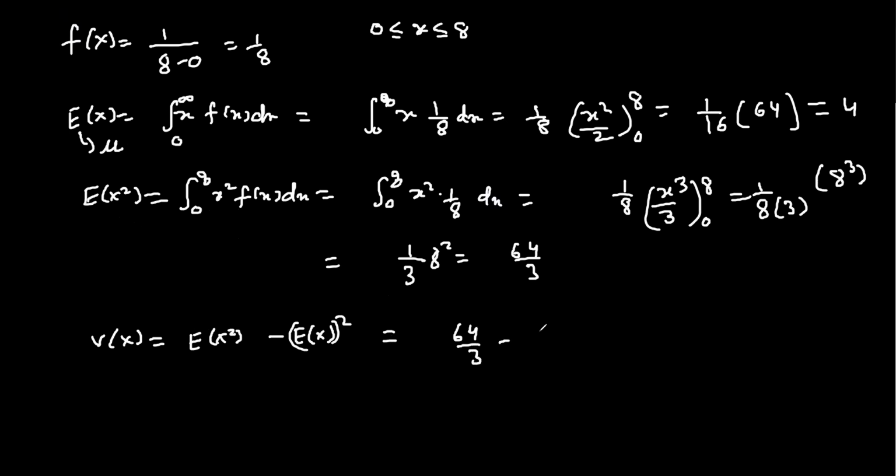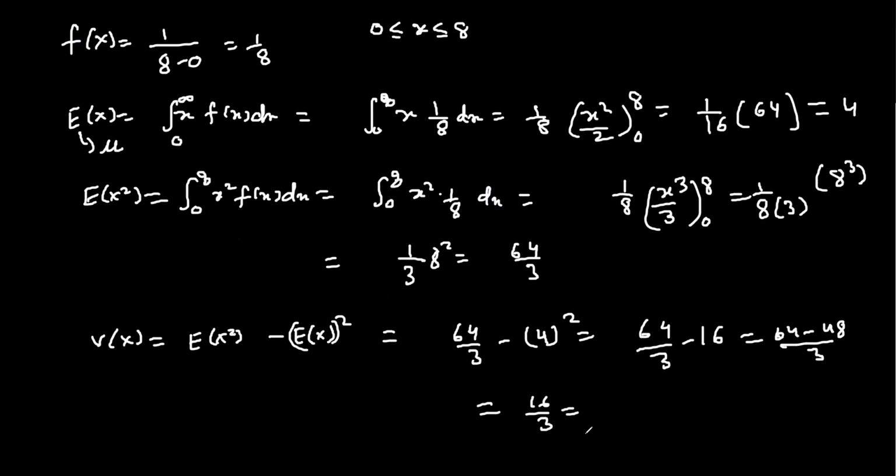Ex is 4, so squared, 16. 64 over 3 minus 16. When you do cross multiply, you will get 48 over 3. So 16 over 3. 16 over 3 means 5.166. This is variance.